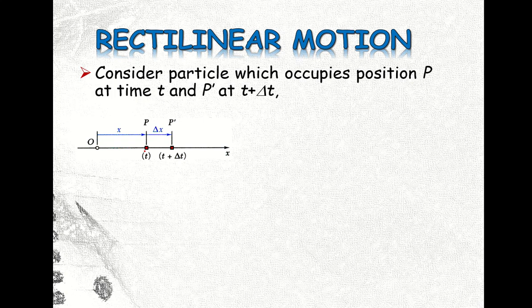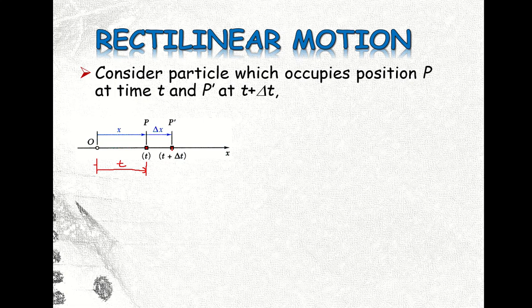The time to reach position P is equal to t. Now if it moves further, there is a change in position, which we call delta x, and of course there is also a change in time, which we call delta t. The t here is the time spent to reach this position, point P.